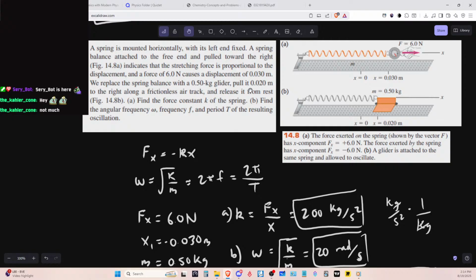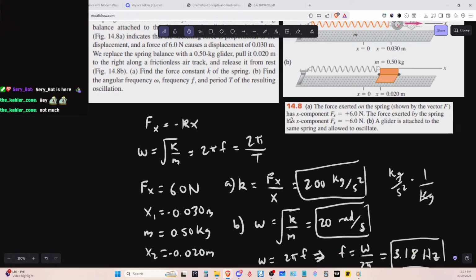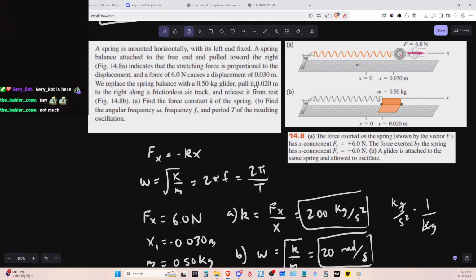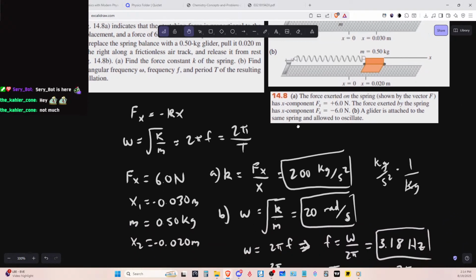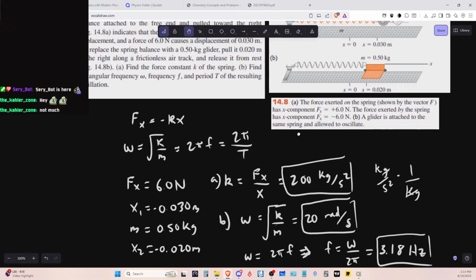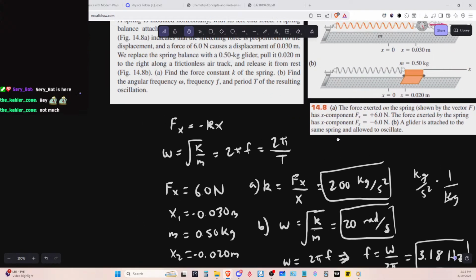I'm wondering why they give this detail here. I know why they give us the mass, but do they need us to do anything with this 0.020 meters? Unless I'm thinking too much into it.